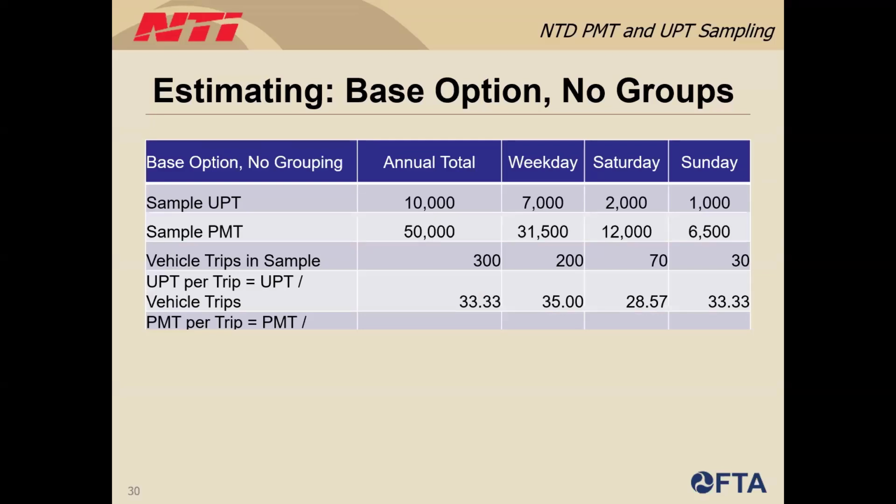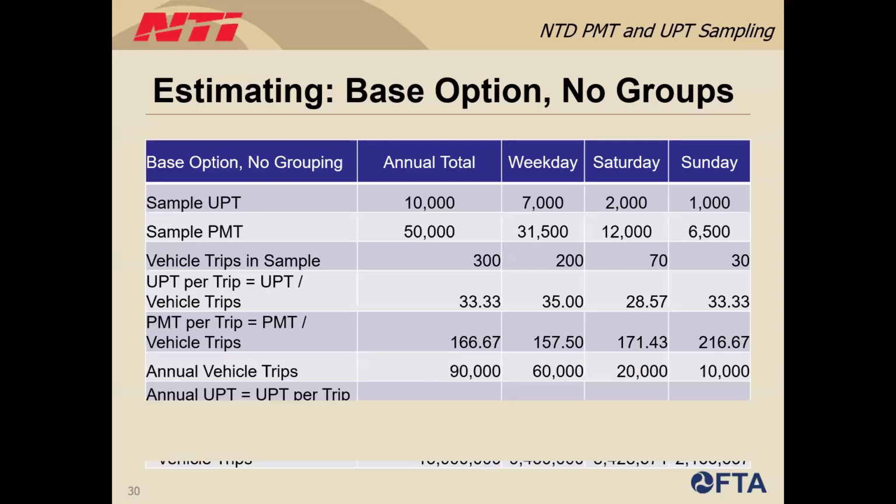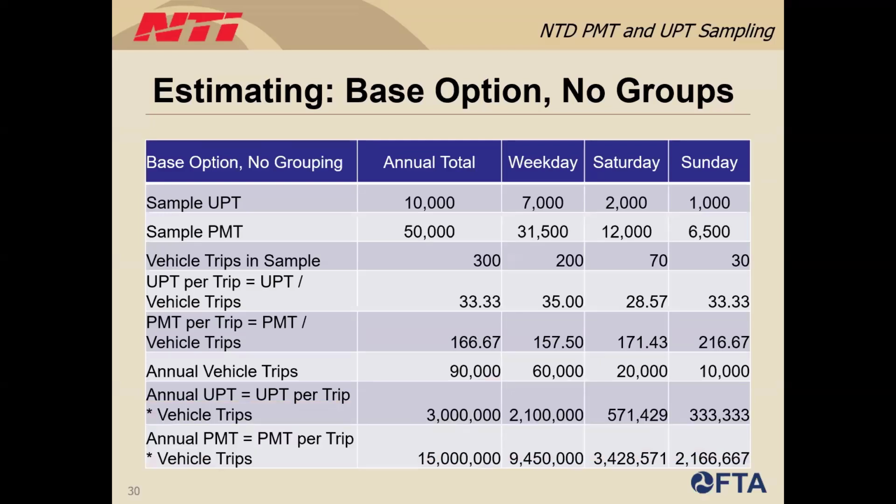And from your records, remember you don't have total UPT. What you have is the number of vehicle trips you operated. To estimate annual UPT, multiply UPT per trip by the number of vehicle trips. And PMT is estimated the same way: PMT per trip times the number of vehicle trips.